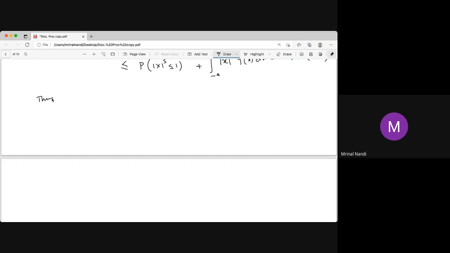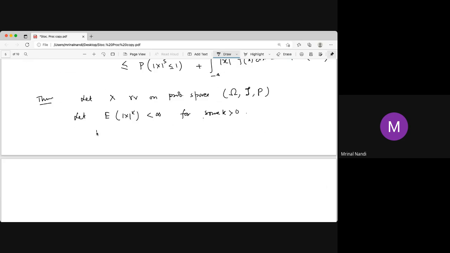Let X be a random variable on the probability space (Ω, S, P), and let the expectation of |X|^k be finite for some positive k.